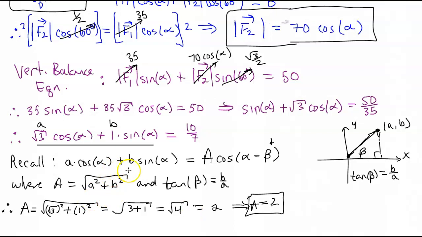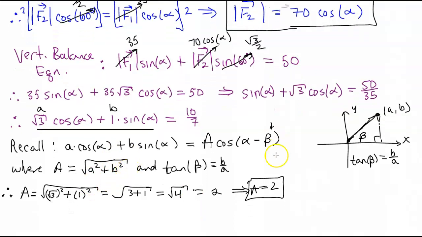So to find out our angle, we see here that because our A is square root of 3 and our B is 1, we know that the hypotenuse of this is 2, and this is a 30-60-90 triangle where this angle beta here would be 30 degrees.